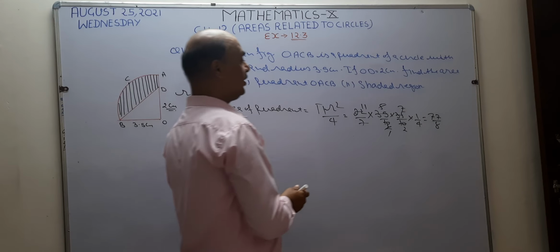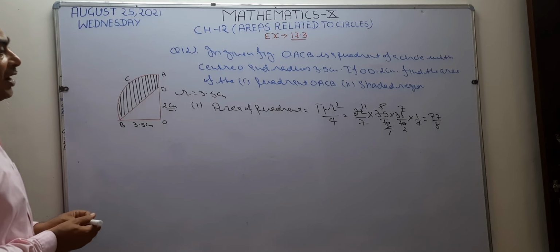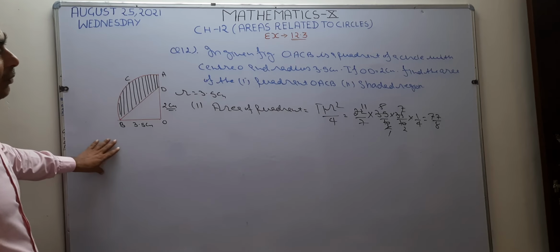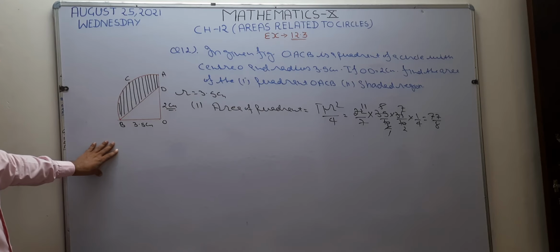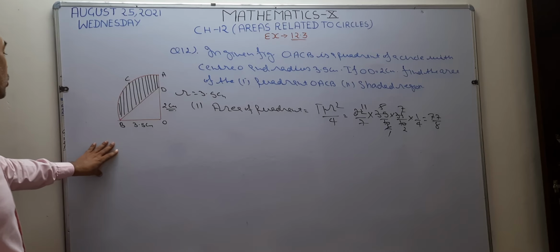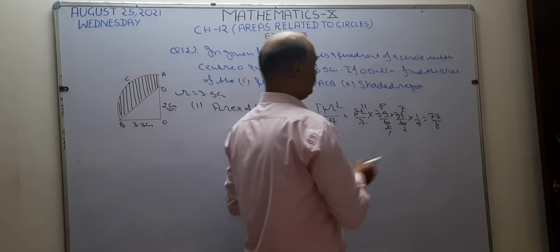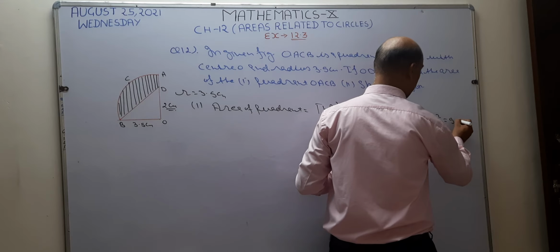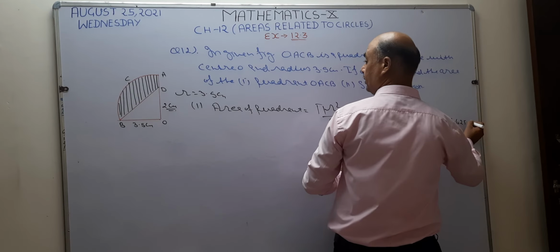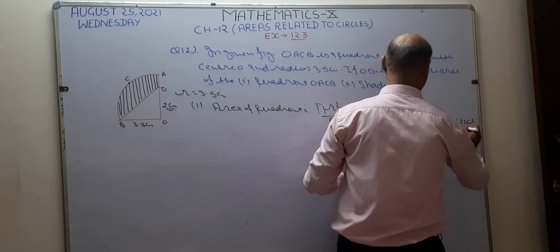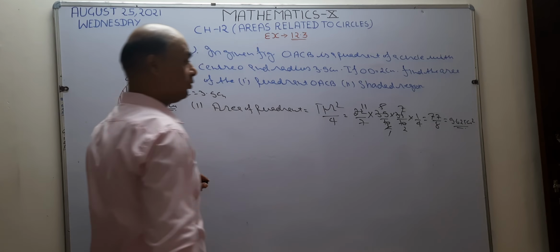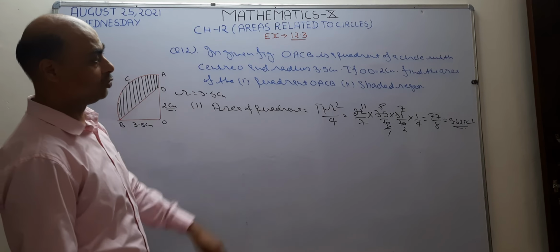Now you are going to divide 77 by 8. When you divide 77 by 8, what will come? See, 8 nines are 72. So this becomes 9.625 in centimeter square. So this is the area of the quadrant. The area of the quadrant becomes 9.625.